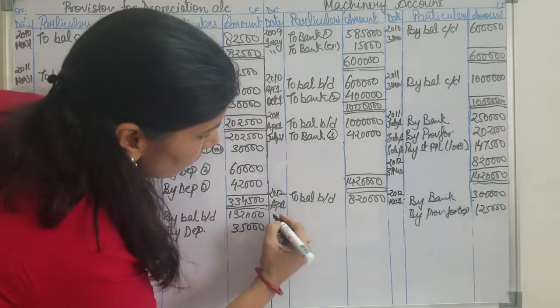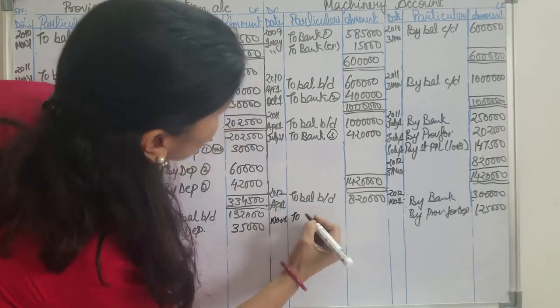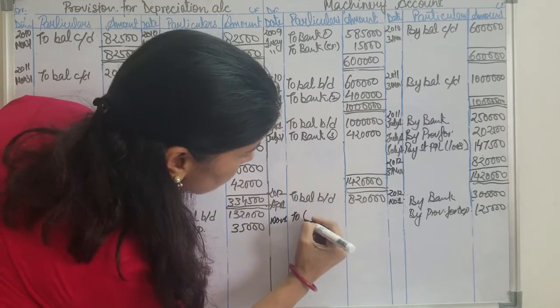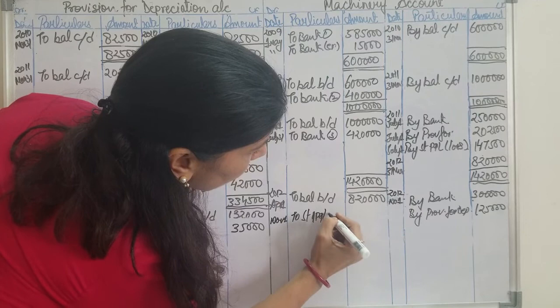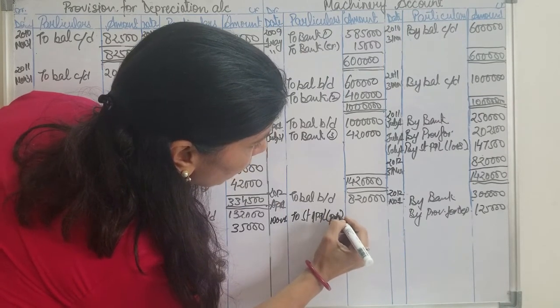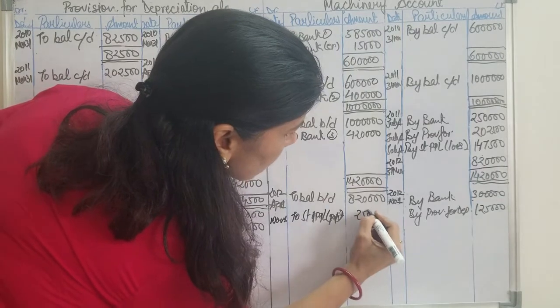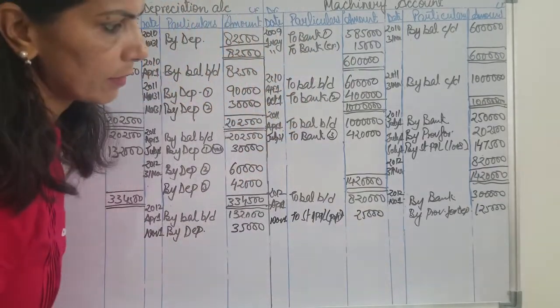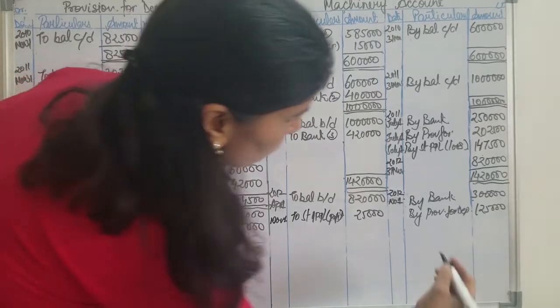Now the profit on sale of machinery that we have calculated in our working note will come here on the debit side, as it is profit. So statement of P&L, and in brackets let's write profit, and the profit is 25,000, right? Now time to balance the account and close the account.